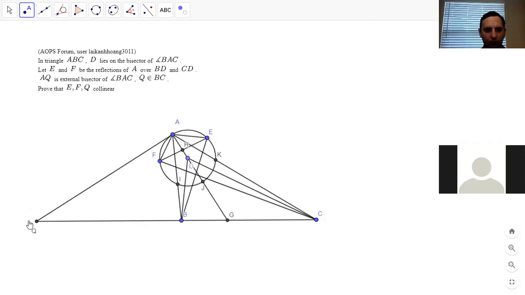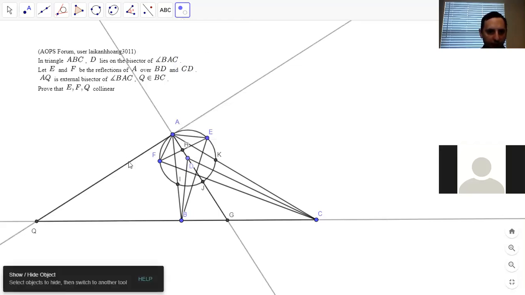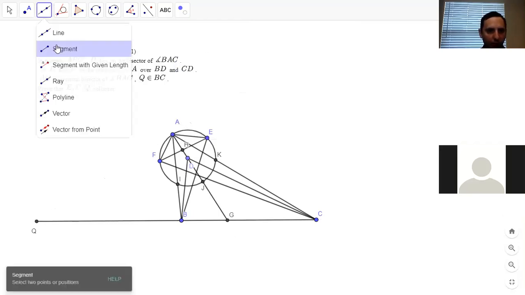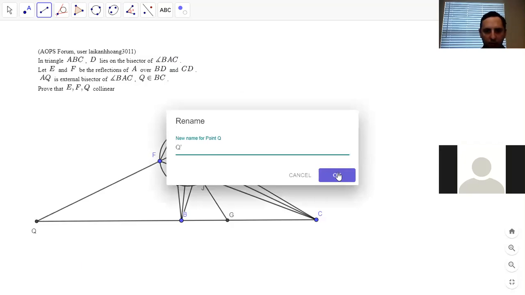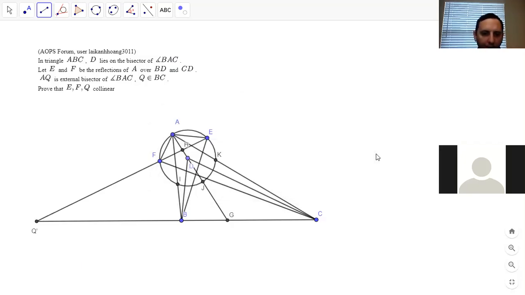The cross ratio Q, B, G, C is one. They're in harmonic conjugation. But I think a better way to do it is we let EF meet BC at Q prime, and then we want to show Q prime, B, G, C is in harmonic conjugation. And is there somewhere we can project onto?